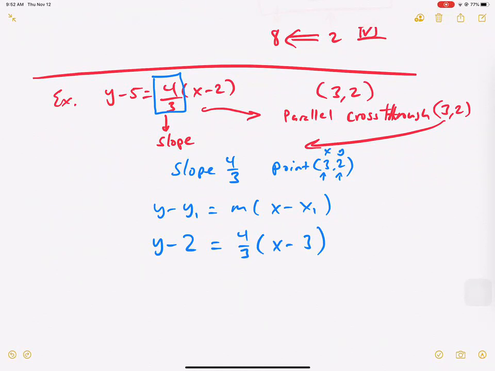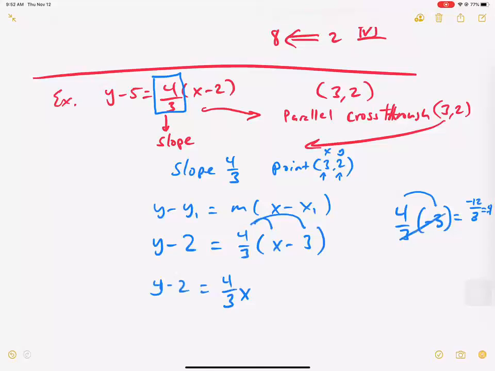Now let's go ahead and multiply this out. y minus 2 is equal to, let's multiply the 4 over 3 out. 4 over 3 times x is 4 over 3x. Now over here, 4 over 3 times negative 3. You could do it 2 different ways. 4 times 3 is 12, and negative 12 over 3 divides out to become negative 4.